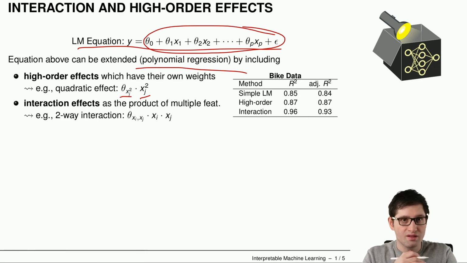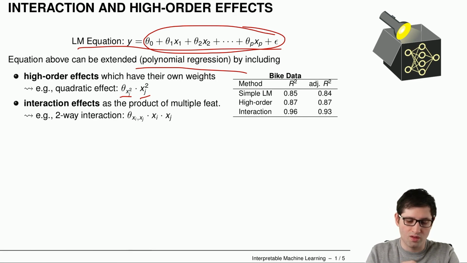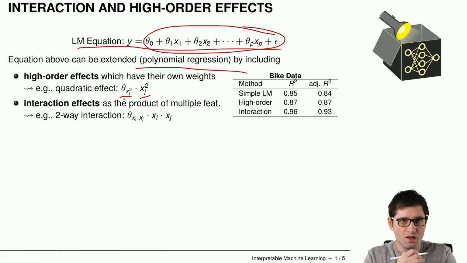And all of these higher order effects that we want to include need to, of course, first of all, be specified beforehand, and they come along with their own coefficient.